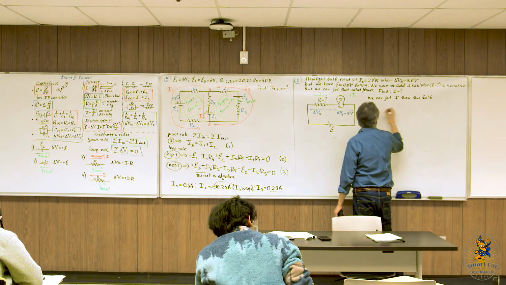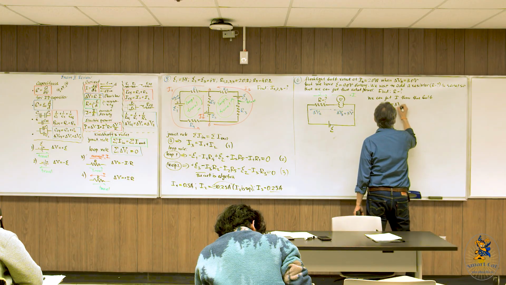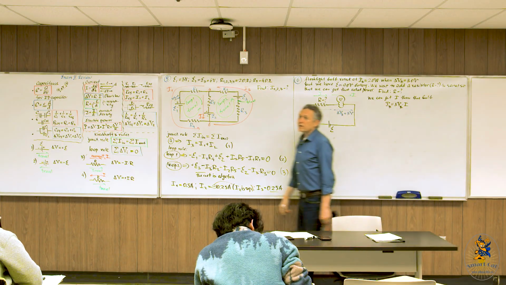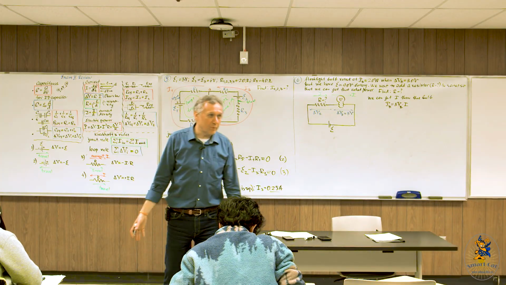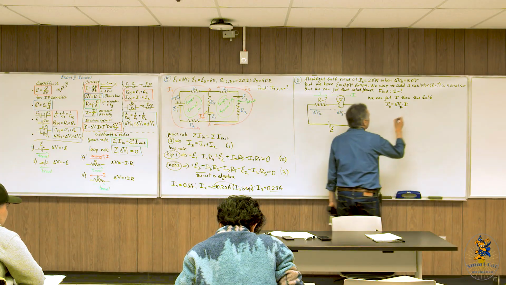First, let me write the formula in general. P is delta V times I. And in this case, I will put the subscripts B and B. Next to the current, I will drop subscript B because it will be the same for both bulb and the resistor. Makes sense. So let's get the current.